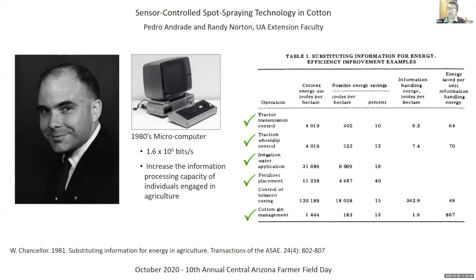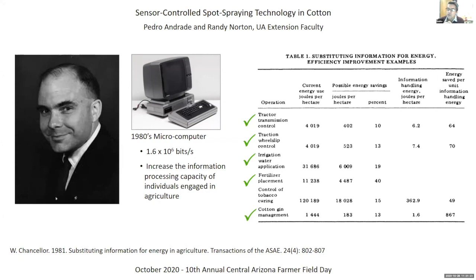So let's see how this, again talking about predictions towards the future, plays out. He presented this table. He said, if there is computer power to control certain operations, the energy savings will be great, okay? And the efficiency will be much higher as well. Tractor transmission control, that's what we call now infinitely variable transmission, IVT.